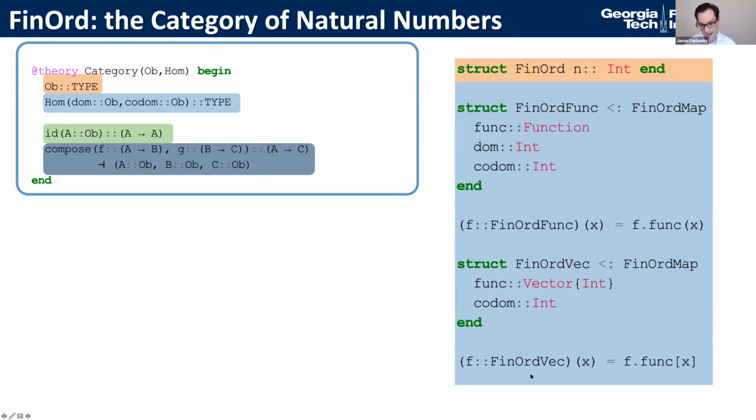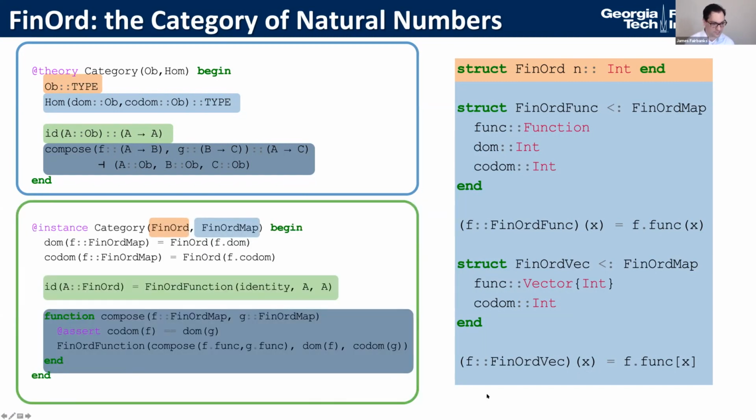And then you have to tell Julia how to apply a FinOrd vec, and it's just you index into that vector. Okay. So that defines the instance layer, and you have to tell Julia the association you want to make between the category and the instance. So this is just saying, for every term constructor in the algebraic theory, what is the Julia function that corresponds to it?